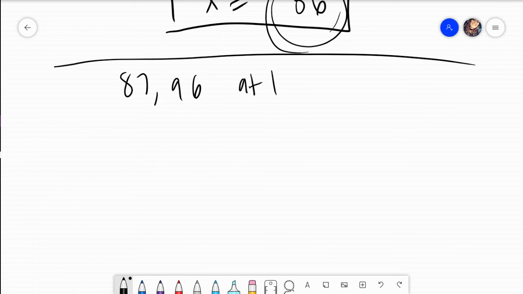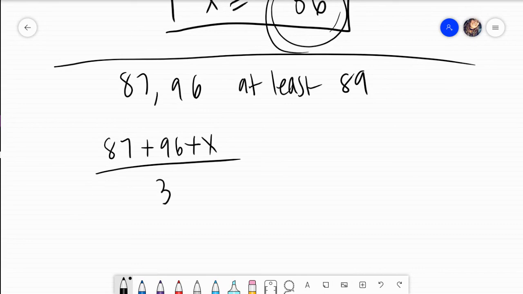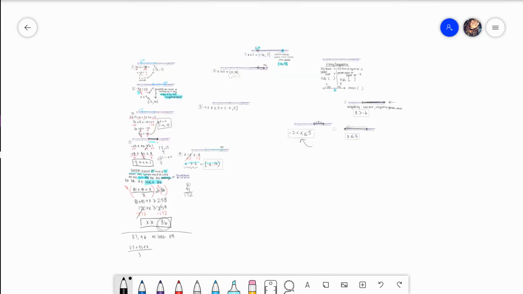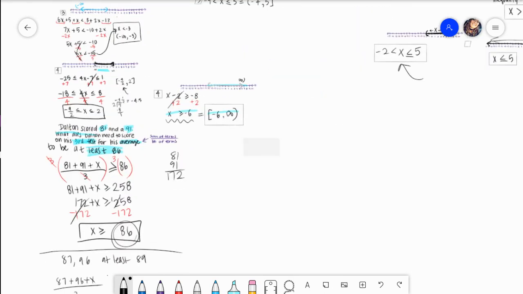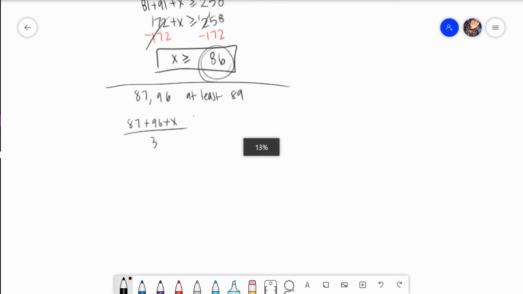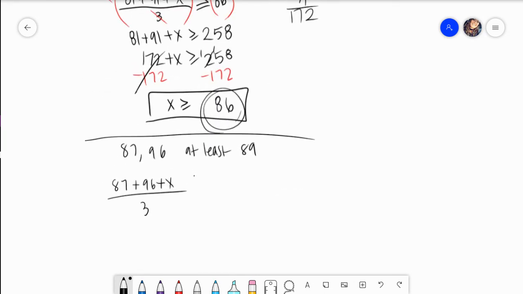Want it at least an 89 average. 87 plus 96 plus x, divided by 3. Okay, see, I was right. Or was I right here? Yeah, I was right.